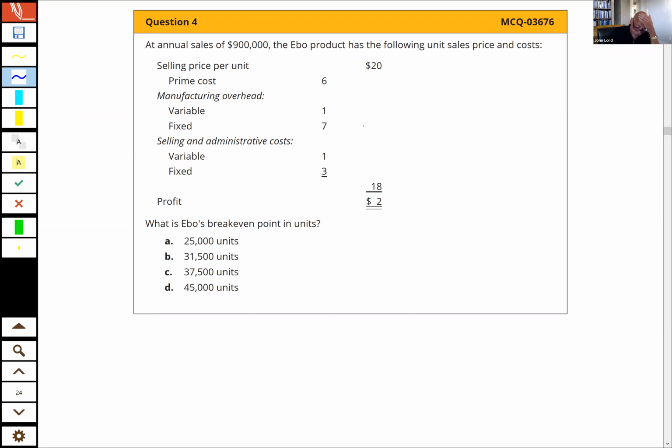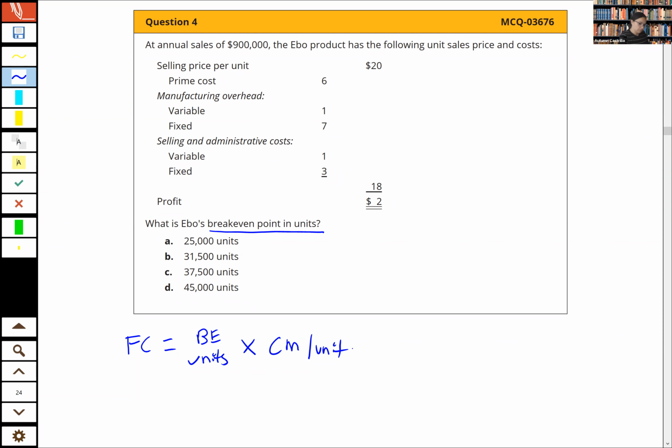Quick hint, guys, since it's asking for break even point in units, that means fixed costs are going to have to equal the break even in units, which is what this question is asking for, times contribution margin per unit. So if that's the case, you just start to set this up, don't you? If it's me, I'm starting with the contribution margin per unit.